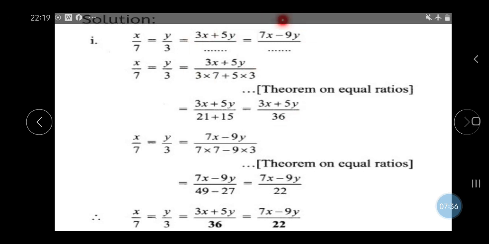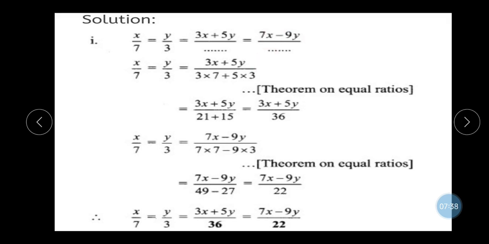Now let's see the second part of the sum. So x upon 7 is equal to y upon 3. That is equal to 7x minus 9y. Instead of x we will be substituting 7 and instead of y we will be substituting 3. So 7 into 7 minus 9 into 3, by using the theorem on equal ratios.